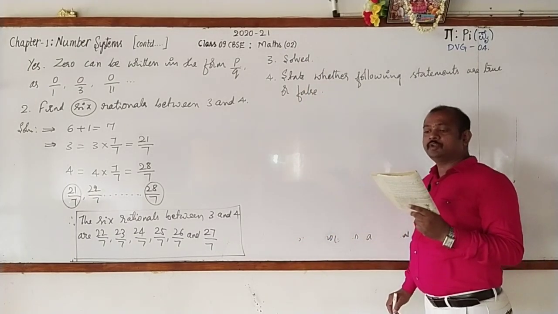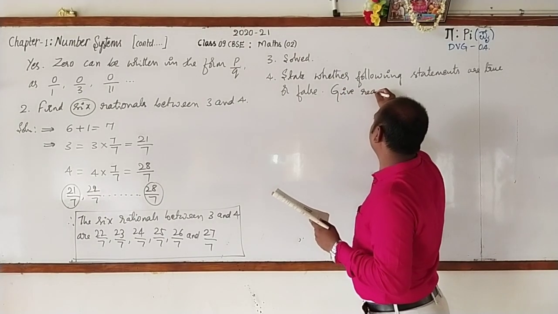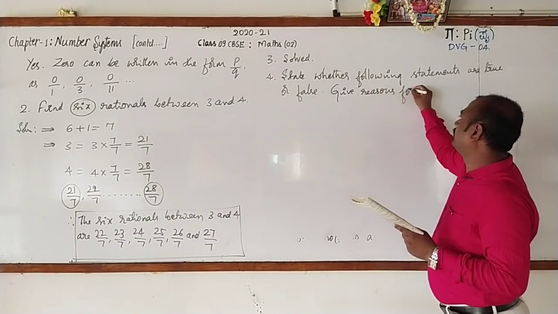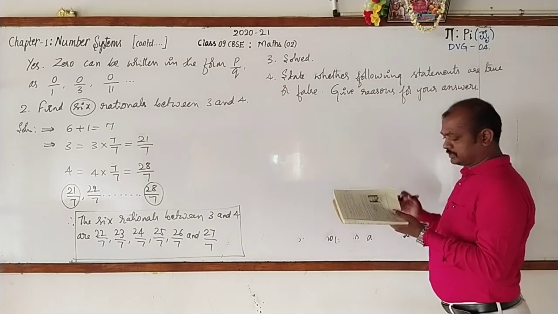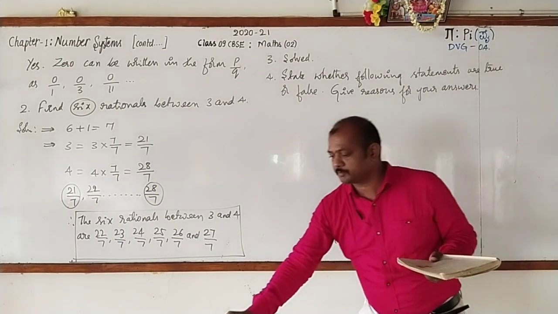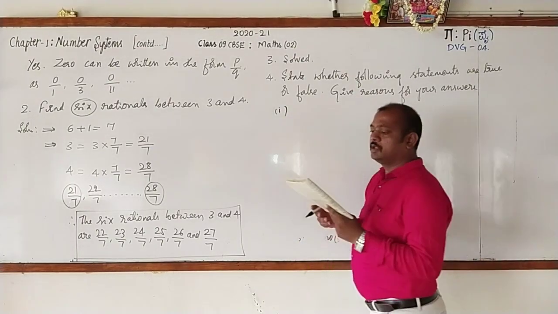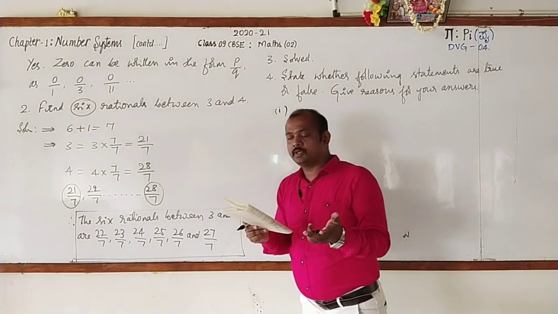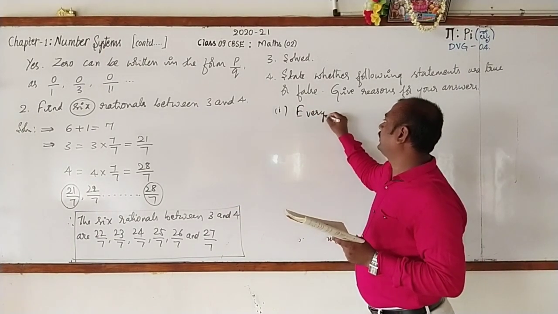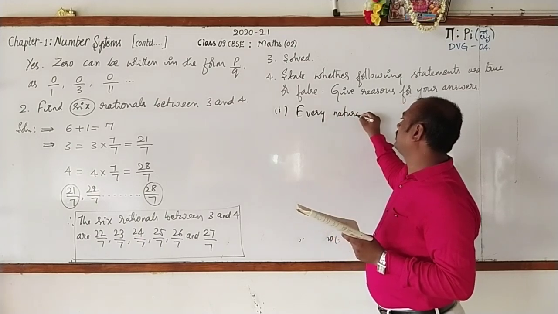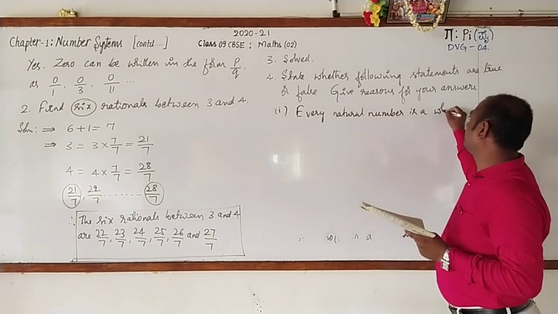Full stop. Give reasons for your answers. Yes. Let us go for taking the statements one by one. The very first statement is every natural number is a whole number. First copy this. Every natural number is a whole number.